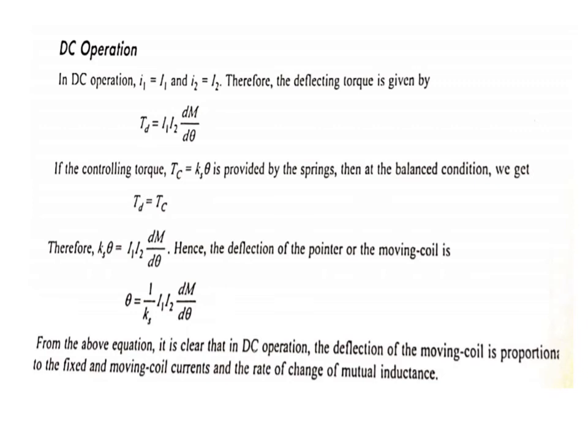From this we can find θ = (1/Ks) I1 I2 dM/dθ. So it is clear that the deflection of the moving coil is proportional to the fixed and moving coil currents and the rate of change of mutual inductance. This is for DC operation.